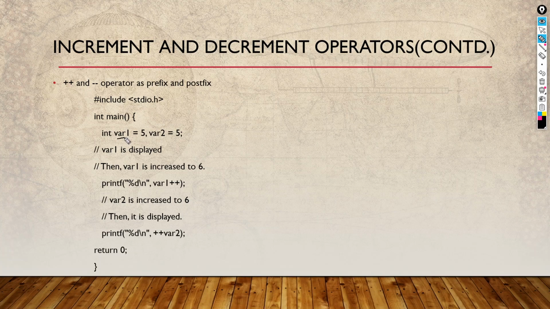Let's change the color so you can understand. There is variable 1 and variable 2. This var1 is 5 and this var2 is 5. Now printf percentage d var1 plus plus.